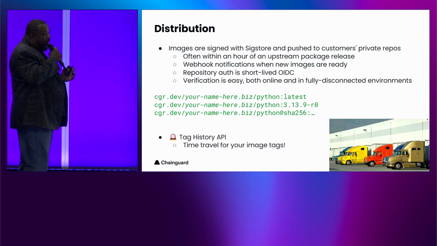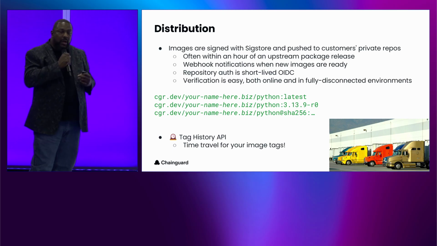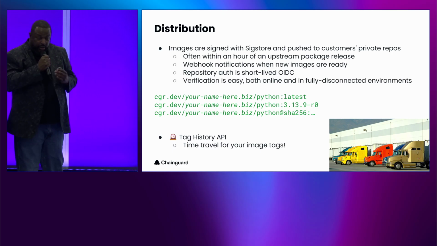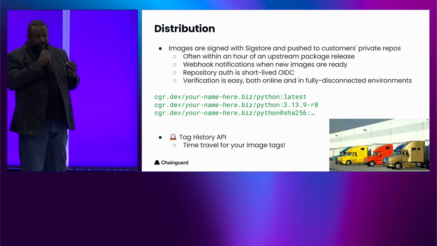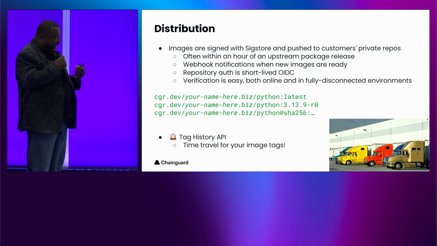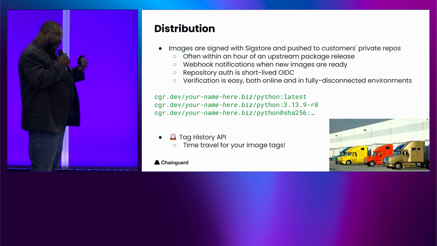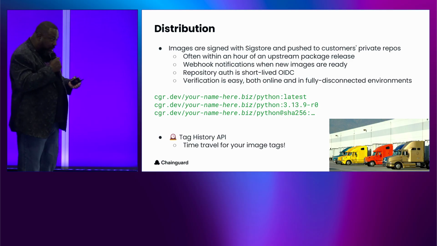Our images are always signed with Sigstore and pushed to our customers' private repos. When you become a customer at Chainguard, you get your own repository with your domain and your images. We release those typically within an hour. You can clone your images from our repository to yours.